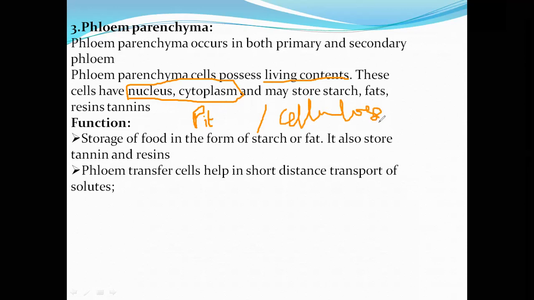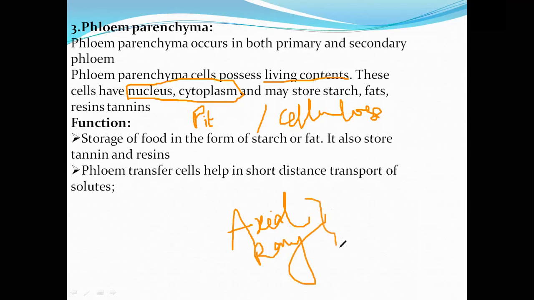So in the parenchyma, there are two types of cells. One is axial parenchyma cells and the second one is ray parenchyma cells. Just remember this.